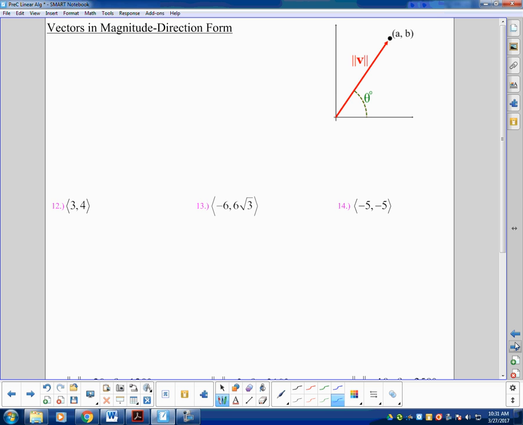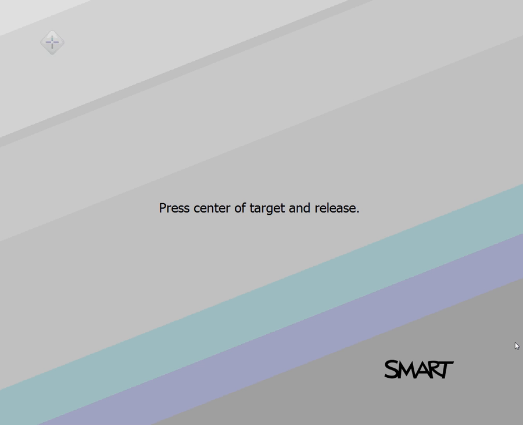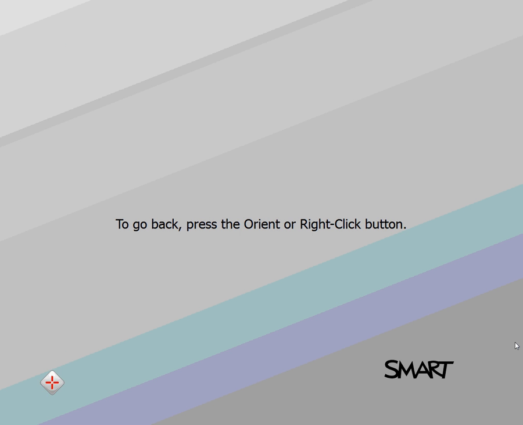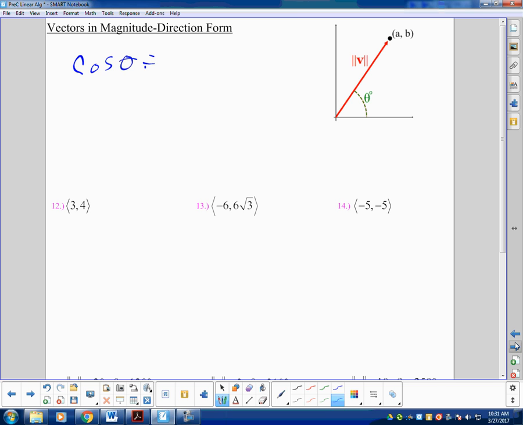We've got cosine of theta equal to, looking at the picture, if I make a right triangle out of this, there's my right angle.